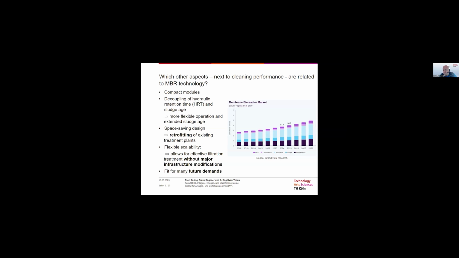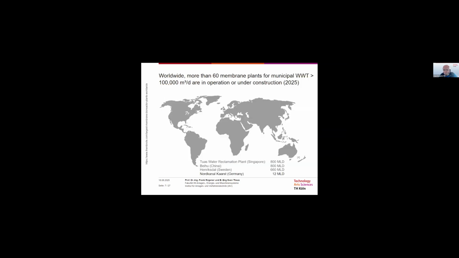But on the international market, certainly new plants are being built with the help of MBR technology. And what I will show you later, this technology is also fit for many future demands concerning newly appearing pollutants.